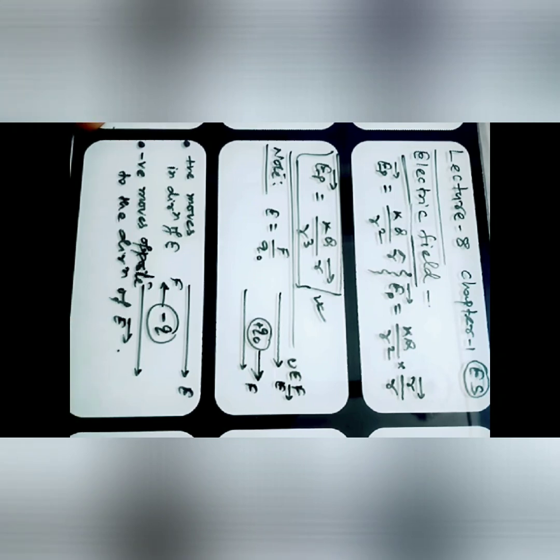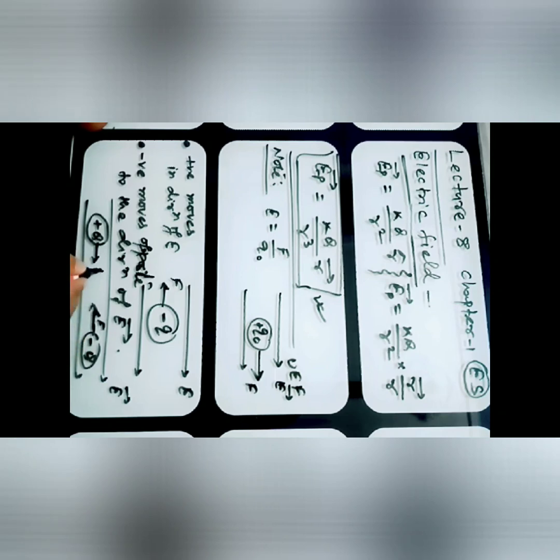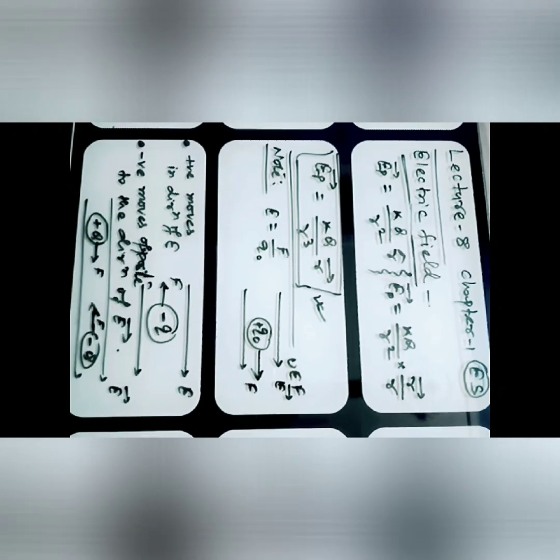Very simple: if this is the electric field and we place a positive charge, it will start experiencing a force in this direction. If we place a negative charge, it will start experiencing a force in this direction. A positive charge moves along the direction of the electric field, a negative charge moves opposite to the direction of the electric field.